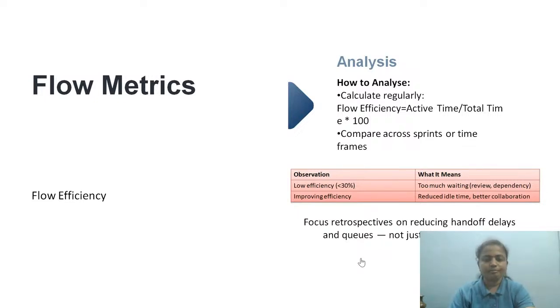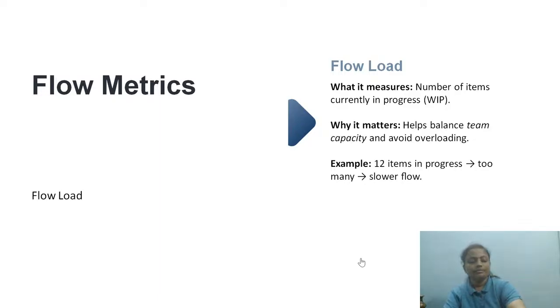All right. Flow load, a very important metric. How many work items are currently in work in progress? WIP limit. You would have heard this term in many places, if you have a Kanban framework being used in your system, you will hear this term very commonly.